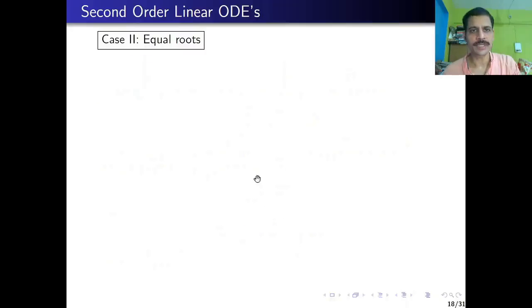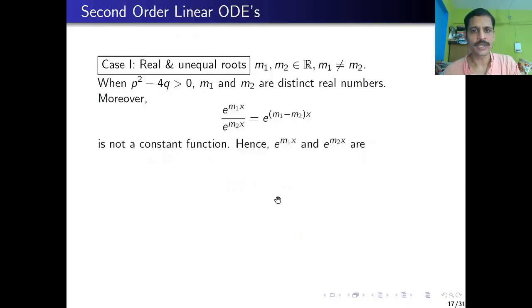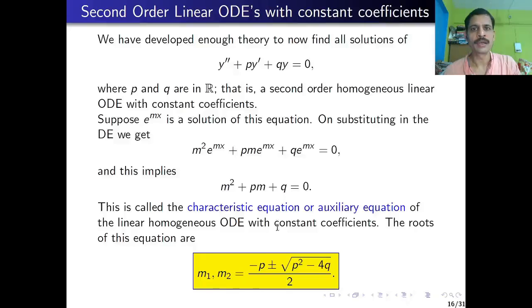Next we consider the case of equal roots. We get equal roots of this quadratic equation when p square minus 4q is equal to 0. In that case, the root is minus p by 2.